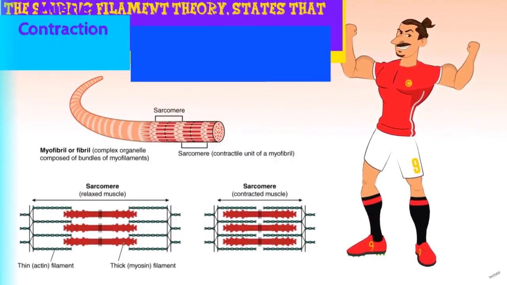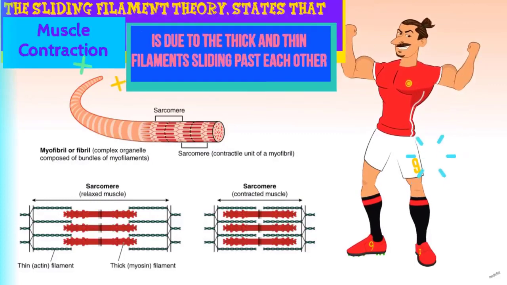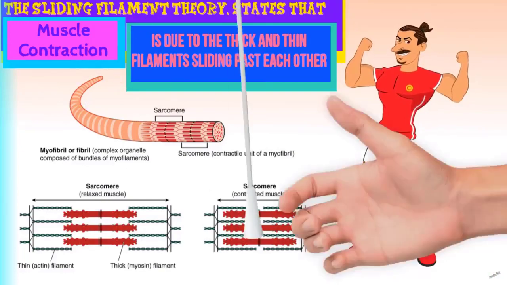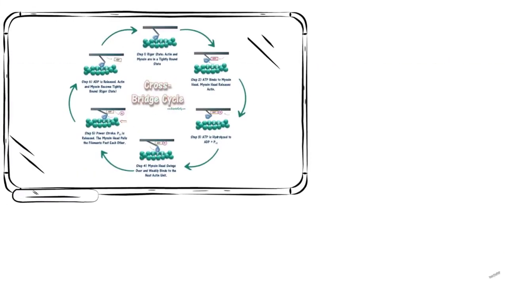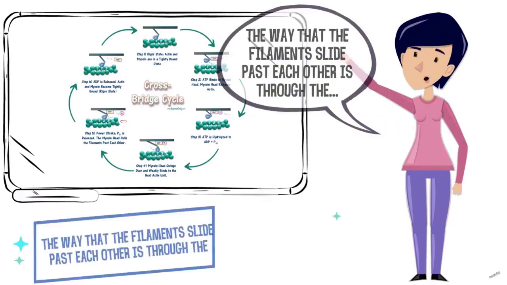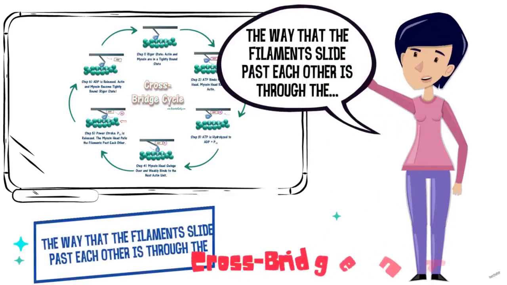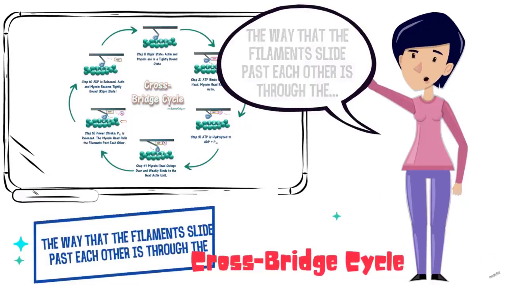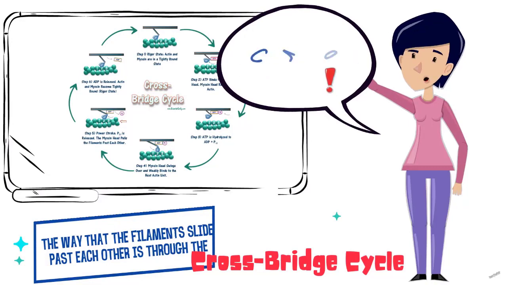The sliding filament theory states that muscle contraction is due to the thick and thin filaments sliding past each other. The way that the filaments slide past each other is through the cross-bridge cycle.